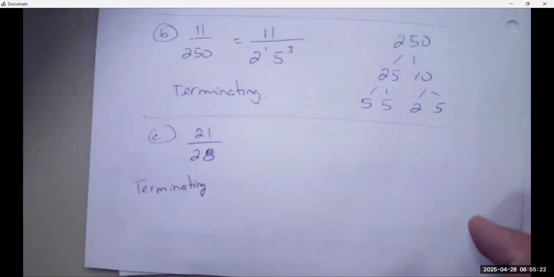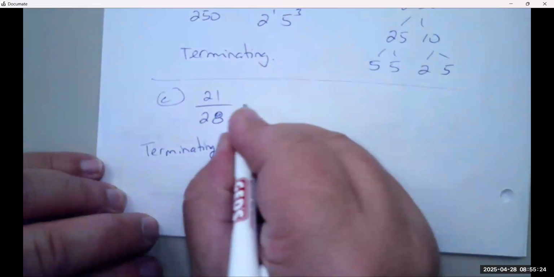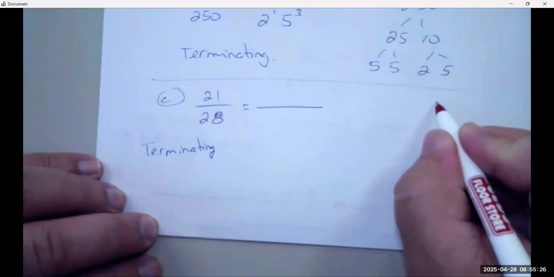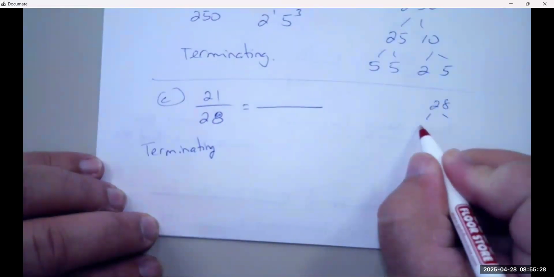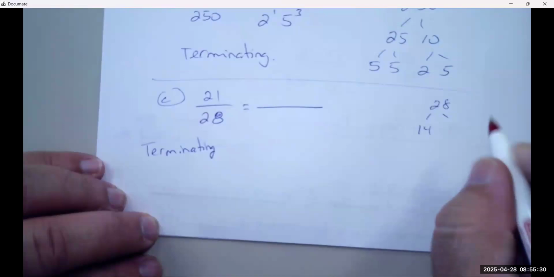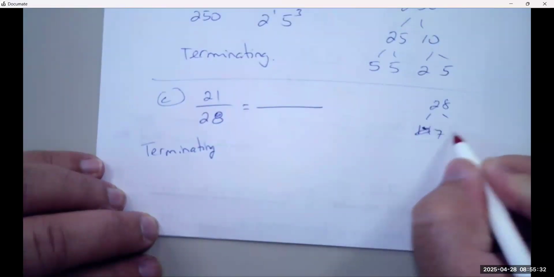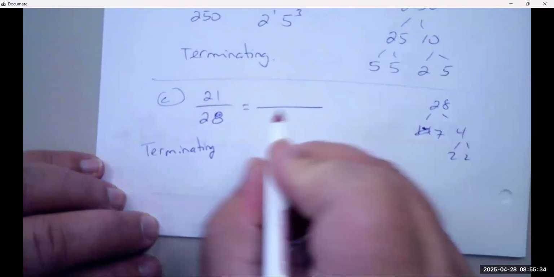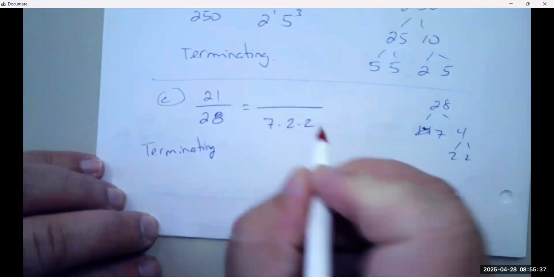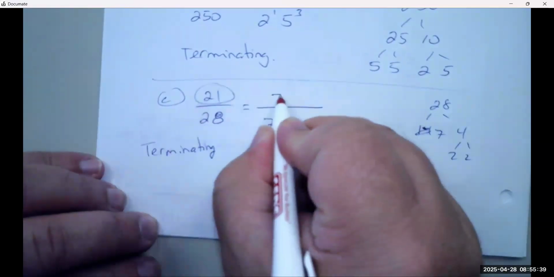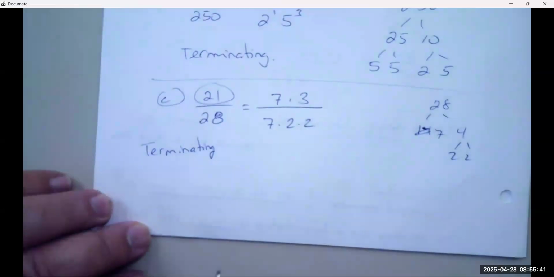In its simplest form. 28 is made up of 7 times 4, which is 2 and 2. 21 is made up of 7 times 3.